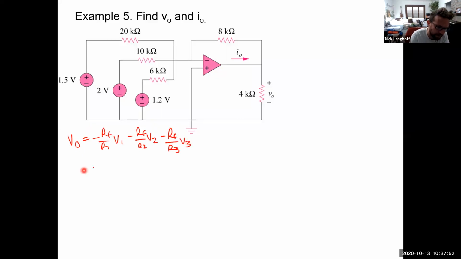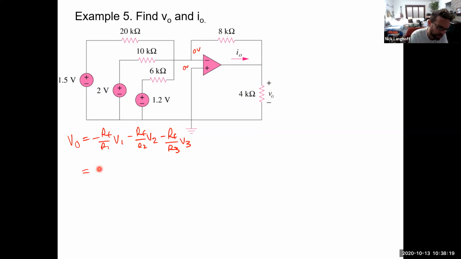Okay, and this load resistor doesn't change anything about the summing circuit. It's just that the amplifier will now produce whatever current is needed through the feedback path, plus whatever current is needed through that 4 kilo ohm resistor to keep VP equal to VN, but these are both 0 volts.